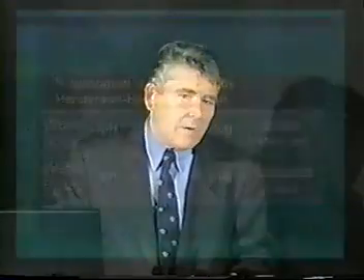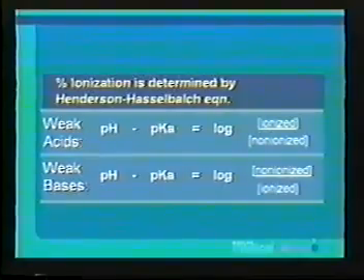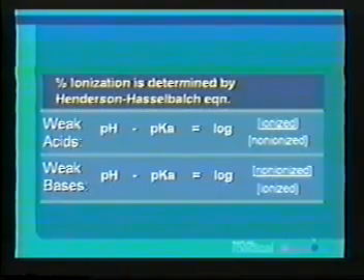Many years ago, Henderson and Hasselbalch derived an equation that related the degree of ionization of a molecule to the pH and the pKa. There are various forms of this equation. In physiology, we use a very different form from what you see here. But for pharmacology, we find it convenient to actually rearrange the equation in the form that you see.